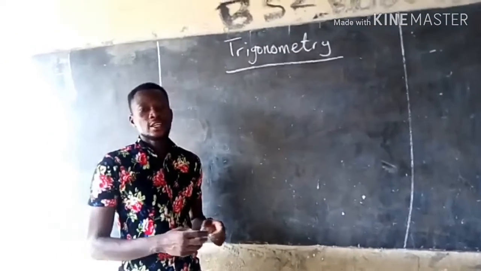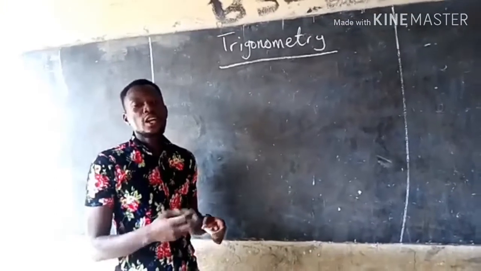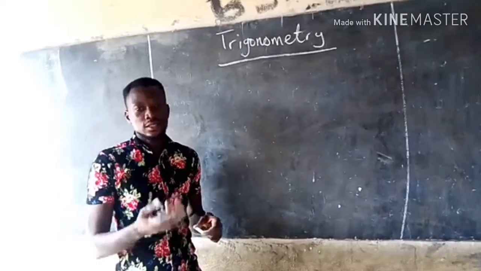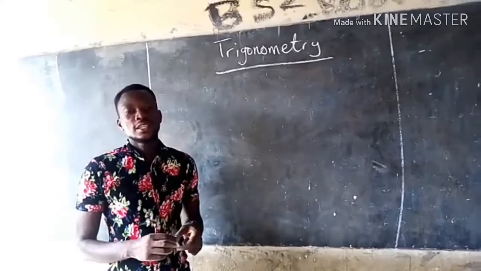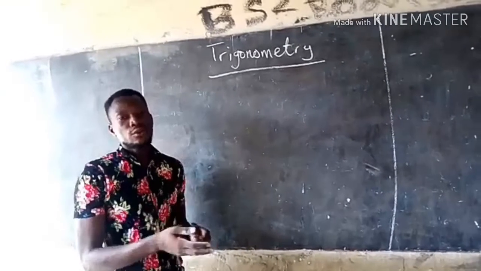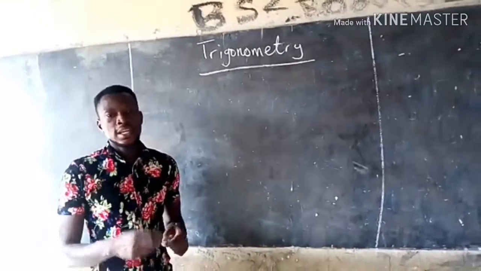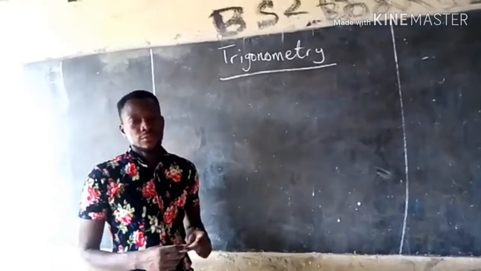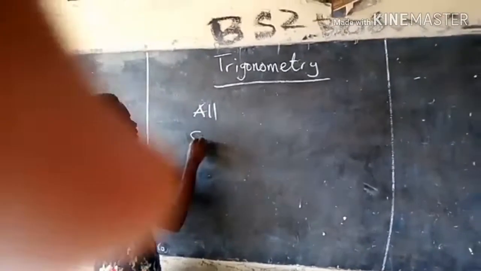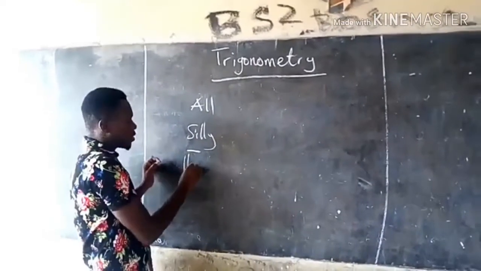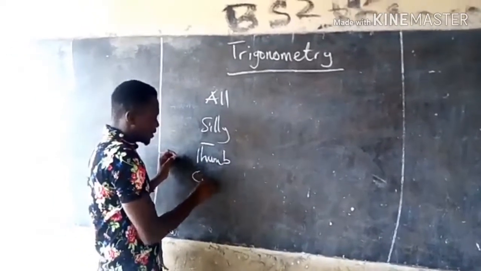Then in the case of the third quadrant, we have only tan that yields a positive value. The remaining trig ratios will give us negative values. Then in the fourth quadrant, it's only cos that yields positive value. So we have this mnemonic, All Silly Thumb Cat.